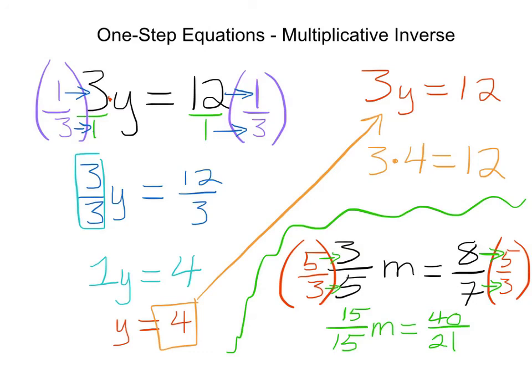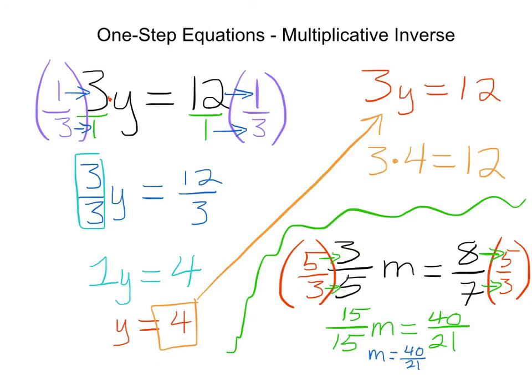So on our equation that we just solved, 15 over 15 is also going to be a 1, which we will also eliminate because we don't need it. So I can just say that my answer is going to be, and I know I'm getting kind of tiny writing here, and I apologize for that, but I'm going to have an answer of m equals 40 over 21. And yes, we could simplify that, and yes, you probably should, but for the reasons that I just don't want to right now, I'm not going to.